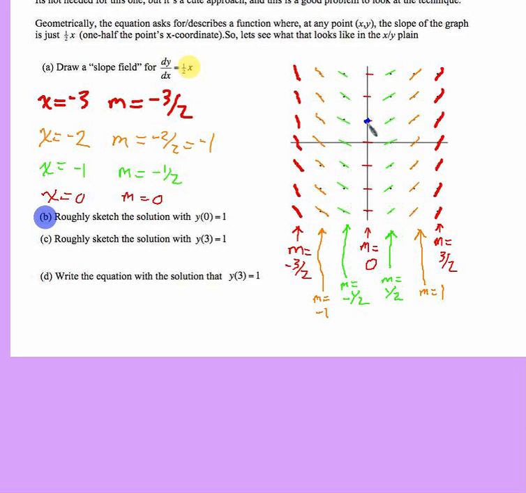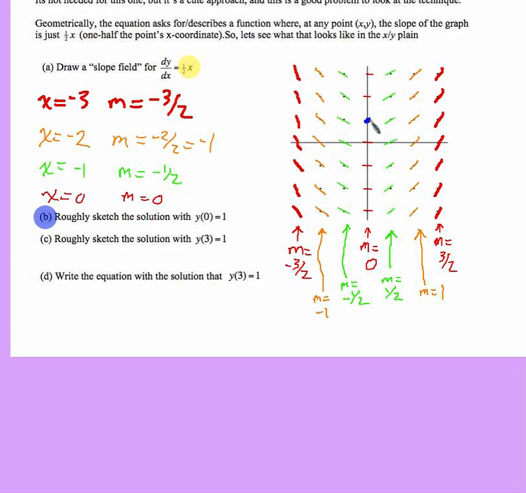So if we know our function exists here, well then when we go off to the left, we start off with a slope of 0. By the time we get over into this column, our slope is going to be at 1/2, and then when we continue further along, our slope is going to be at 1, and when we continue even further along in the x direction and get over to this column, our slope is going to be at 3/2.